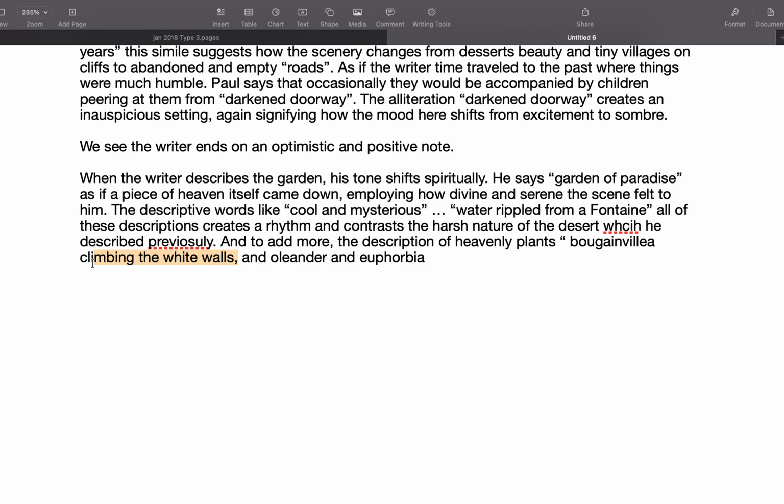These guys, right? These are the plant names. They further paint the scene for the readers to imagine and sink in.